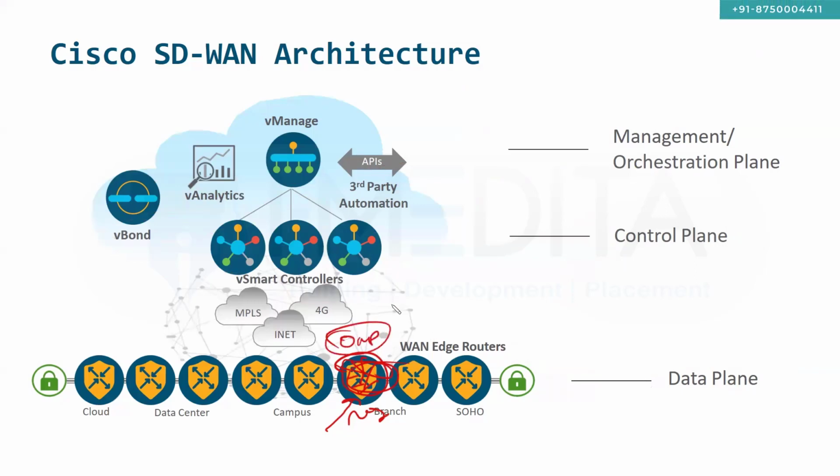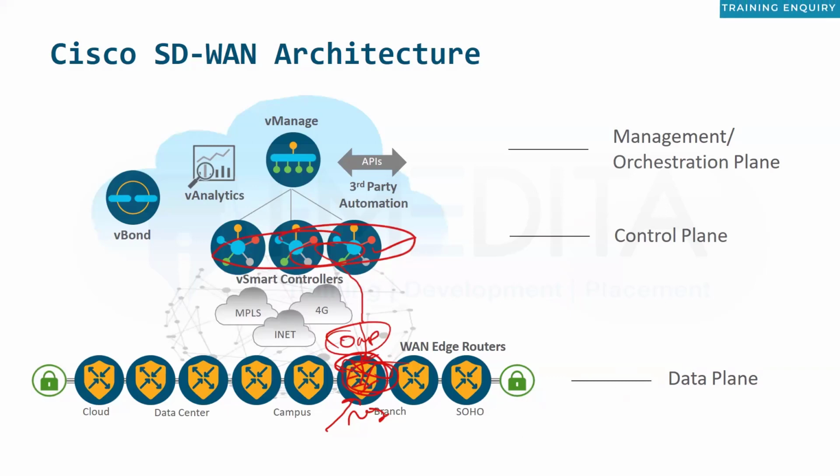The vSmart will provide the best path information through the OMP updates to the vEdge router, so the vEdge router is also going to store that information somewhere, which means it has an OMP database. Yes, control plane is still out there, but since the best path selection is performed by the vSmart, I would say that control plane is being offloaded, but not everything.